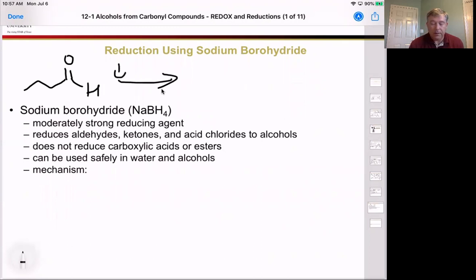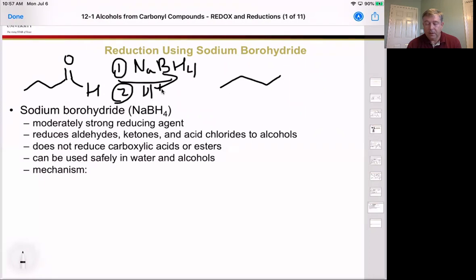And that would look like sodium borohydride. Plus, we would also quench with water or some kind of acid at the end to give us back our primary alcohol. We would end up with 2 hydrogens on the carbonyl carbon and an OH.